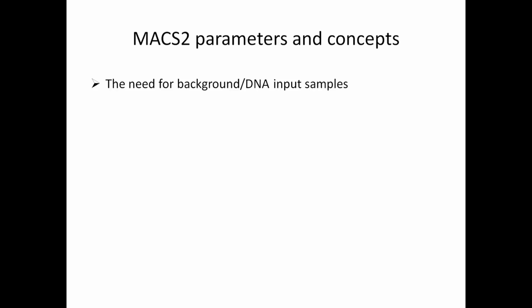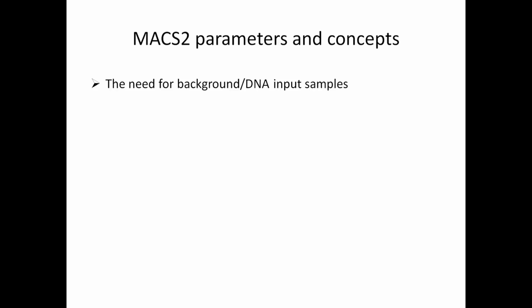A typical control for a ChIP-seq peak calling experiment is DNA input, and this is usually DNA split from the sample that has been prepared for the chromatin immunoprecipitation procedure. But this split piece of sample does not undergo enrichment using the ChIP antibody.